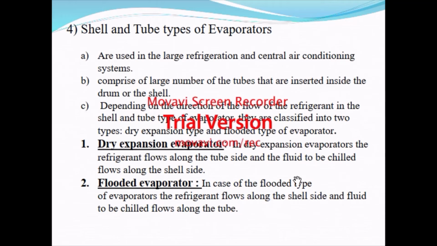In the case of the flooded type of evaporator, the refrigerant flows along the shell side and the fluid to be chilled flows along the tube. What is different about the dry and flooded?